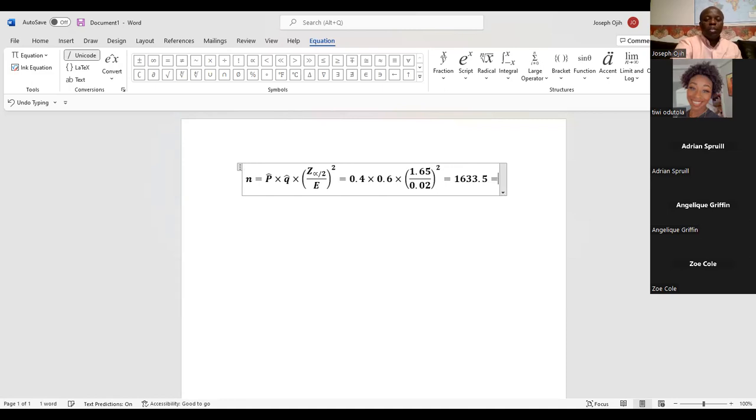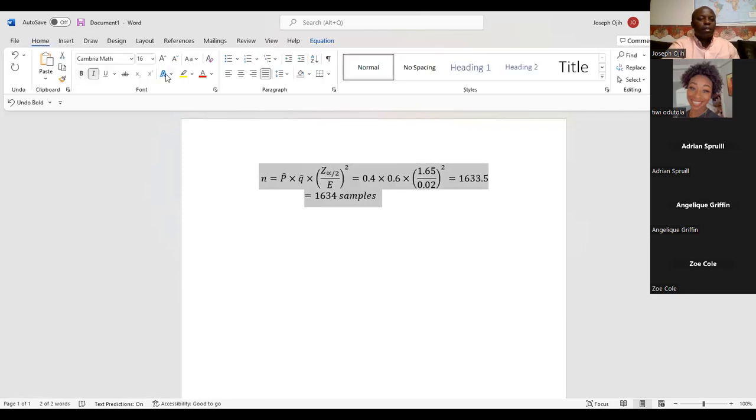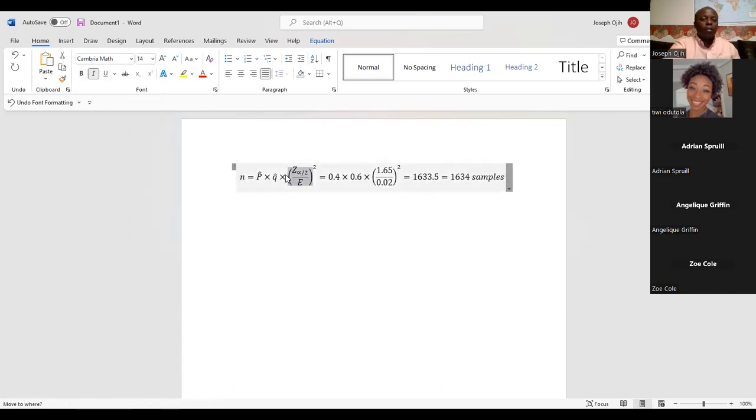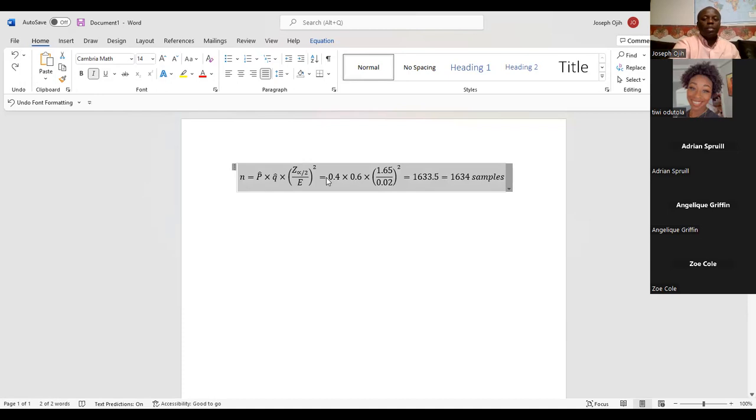1633.5, which means 1634 samples. So I'm going to copy the whole of this and paste it into our main workbook.